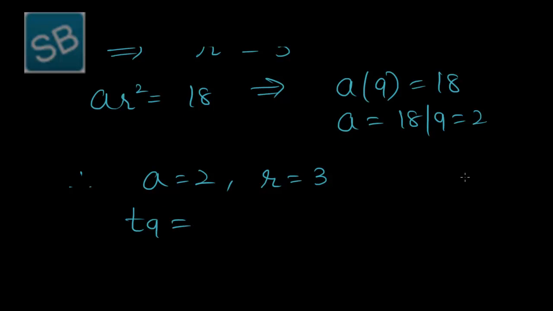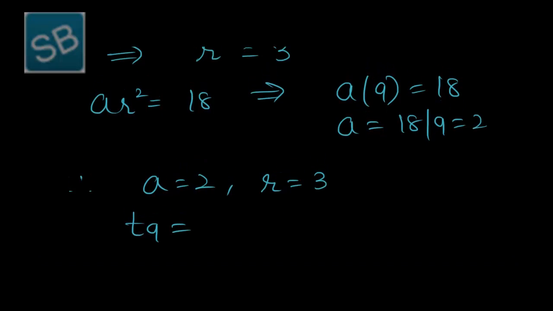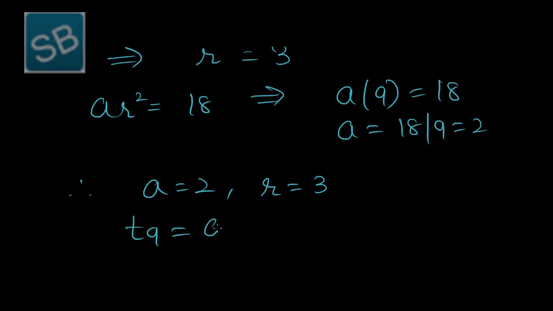Therefore, T9 is equal to AR^(9-1), that is 8, so 2 into 3 raised to power 8. Multiply 3 eight times and then by 2, and we get 13122. That is simple calculation. So this is how we solve questions related to geometric progression.